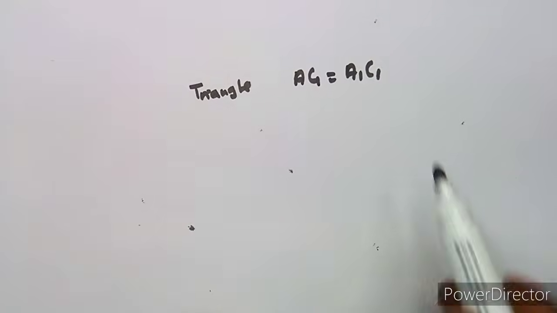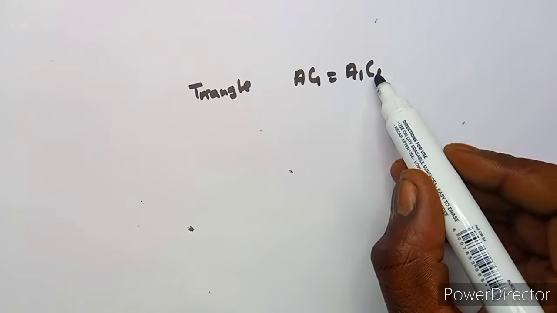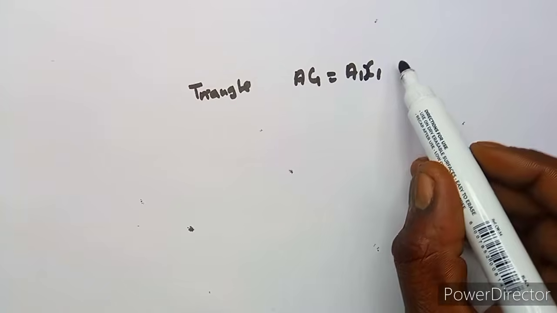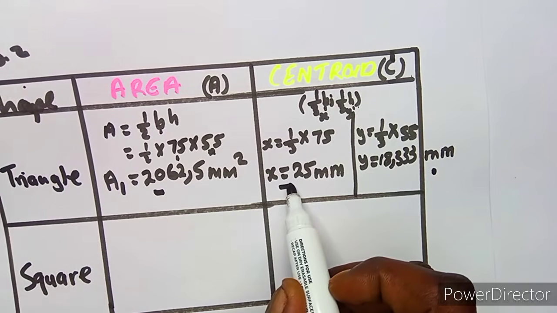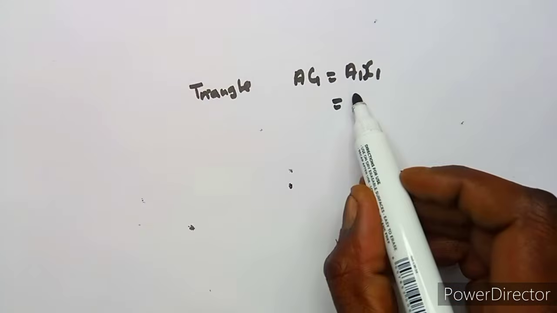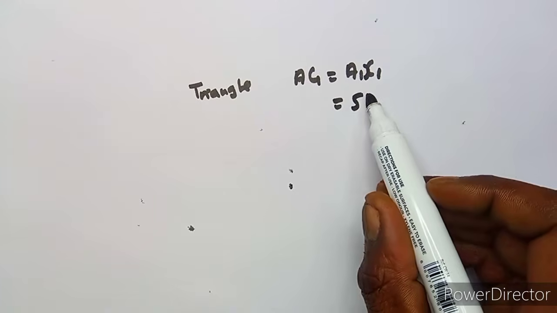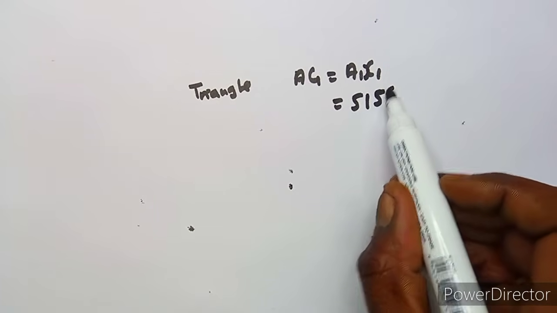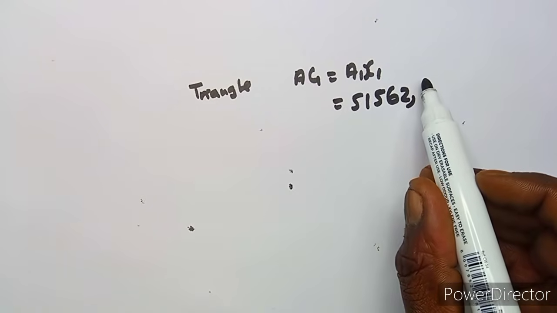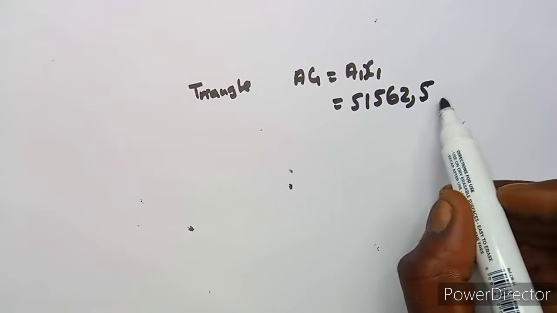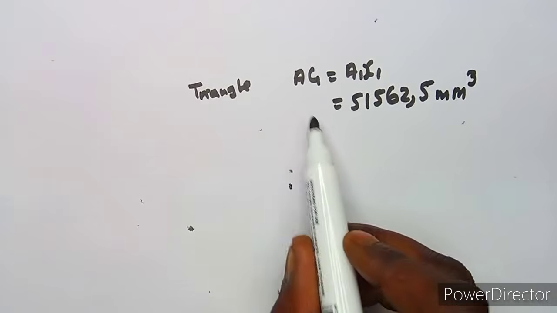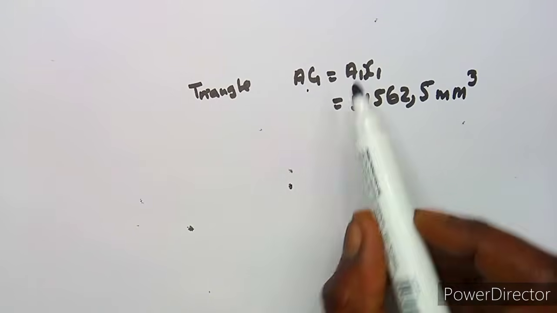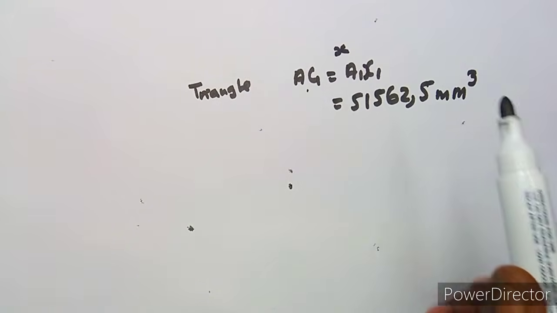So that's c1, which is the value of x. Let me just write it as x1. You multiply this to this, and you're going to obtain 51562.5. This is area moment, in cubic units. So this is for x.